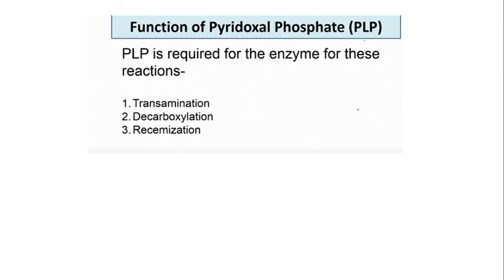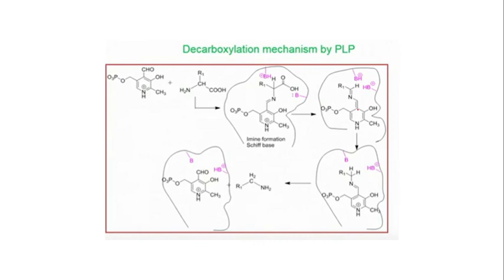So PLP is required by the enzymes for reactions like transamination, decarboxylation, and racemization. So let's see the decarboxylation mechanism. So once you have PLP and the amino acid, they will form an imine, and then the base will abstract the proton from here, and then it will go for the decarboxylation.